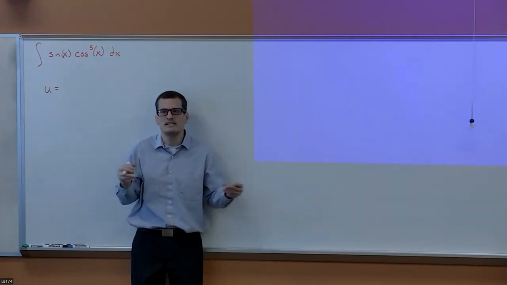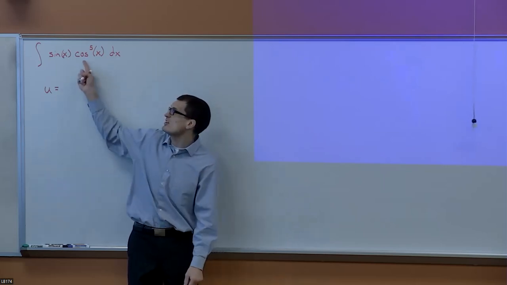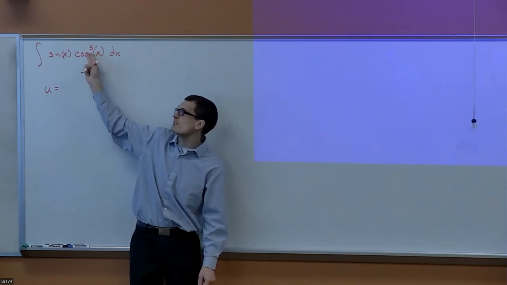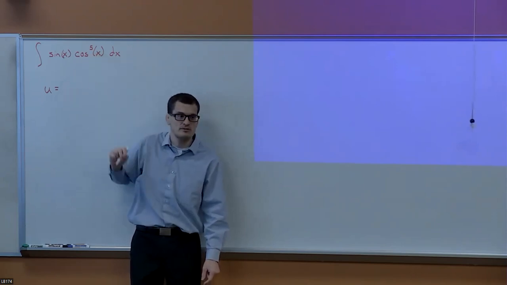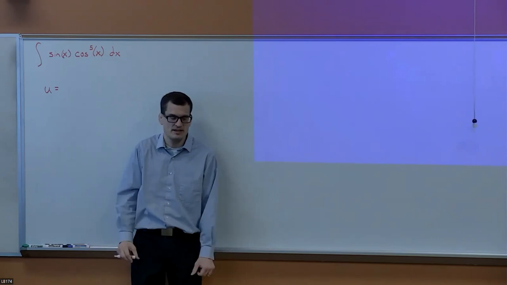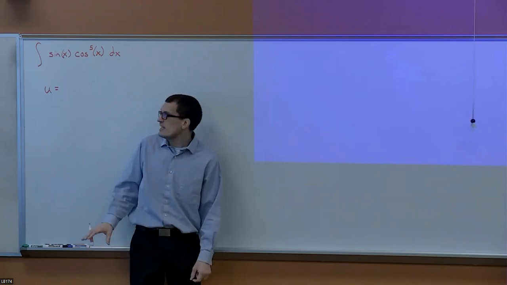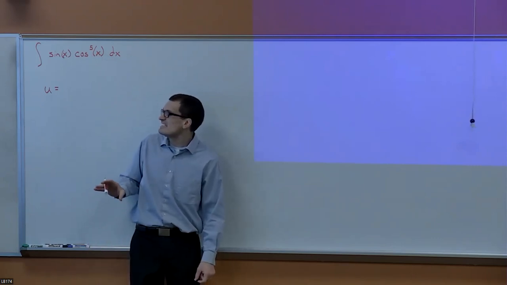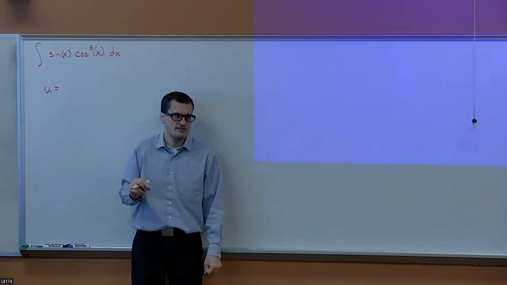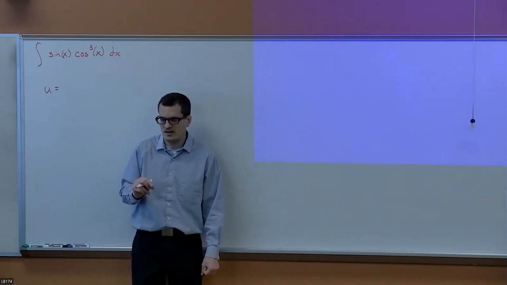We say, what's the inside function? Well, an inside function here, you can think of as cosine, because it's being raised to the fifth power, where sine is only being raised to the first power, right? That makes sense? And so your intuition on this problem is probably right.